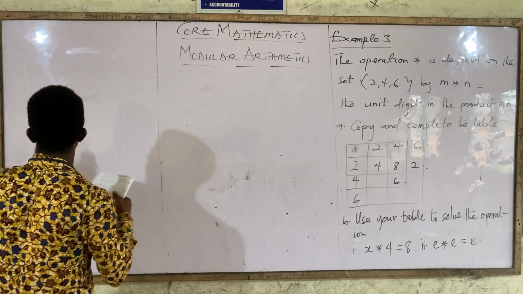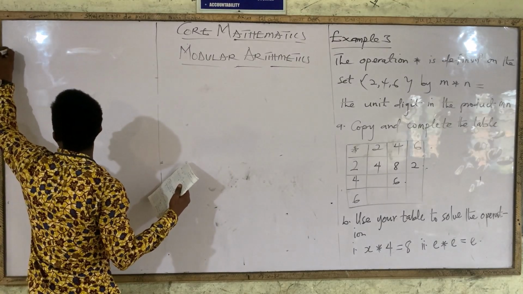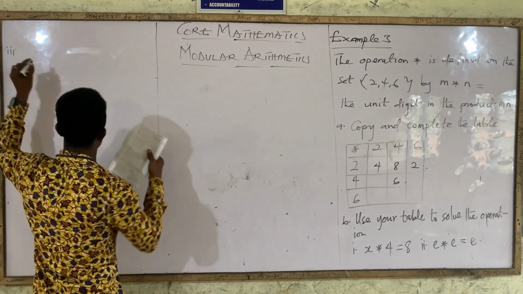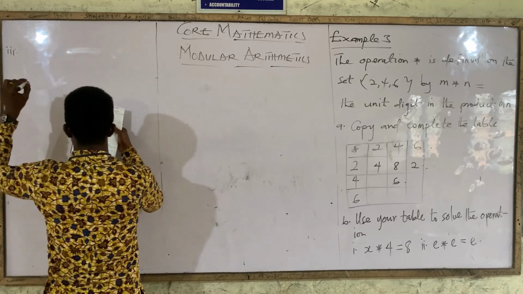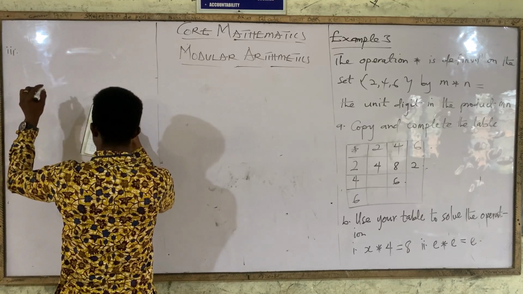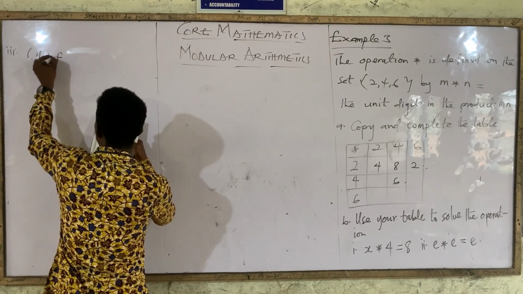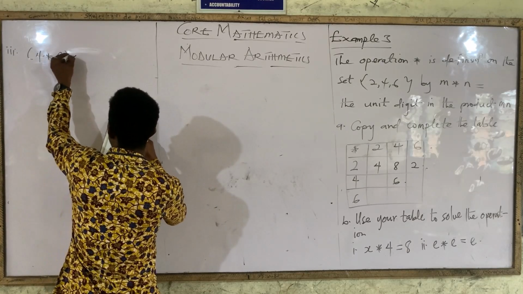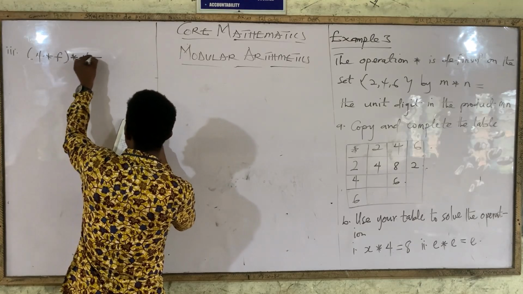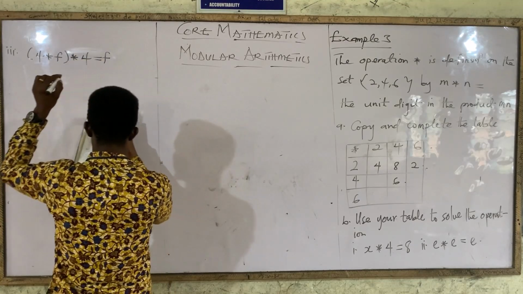Then lastly, what is it? Roman numeral 3. That one says into bracket 4, star F, star 4 is equal to F.